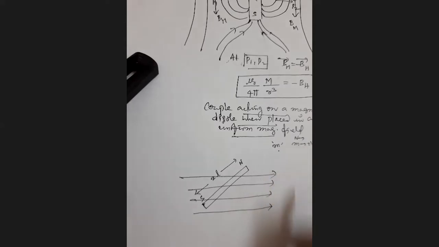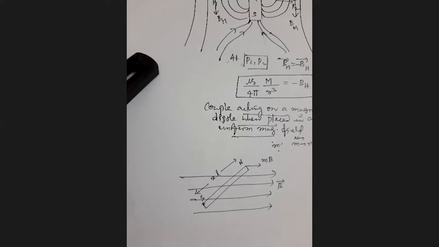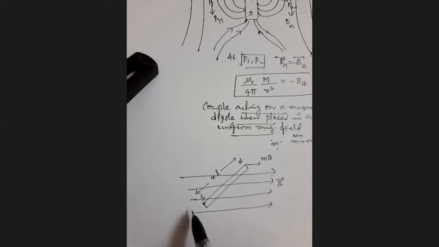For a south pole, pole strength is taken as negative, right? So when the positive pole is placed in the uniform magnetic field, it experiences the force mB parallel to the field. When the negative pole, that is the south pole of pole strength m, is kept in the uniform magnetic field, it will experience the force mB opposite to the field, in this direction.